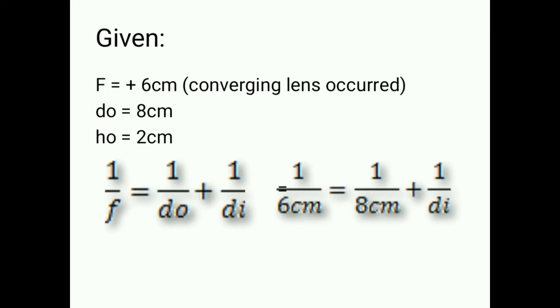So, as we use this equation, 1 over the focal length, which is 6 cm, is equal to 1 over 8 cm, which is the distance of the object, plus 1 over the distance of the image. Now, let's find the distance of the image since we have no value of DI.